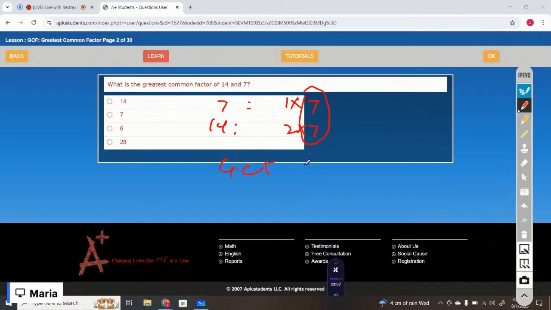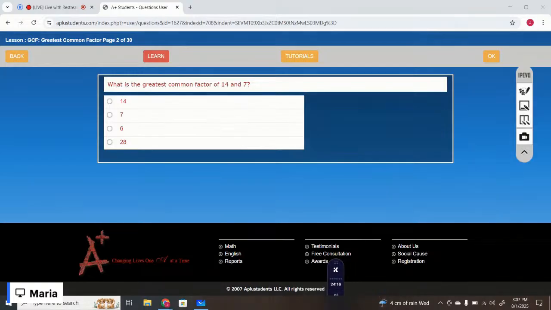So the greatest common factor is 7. The correct option is 7.